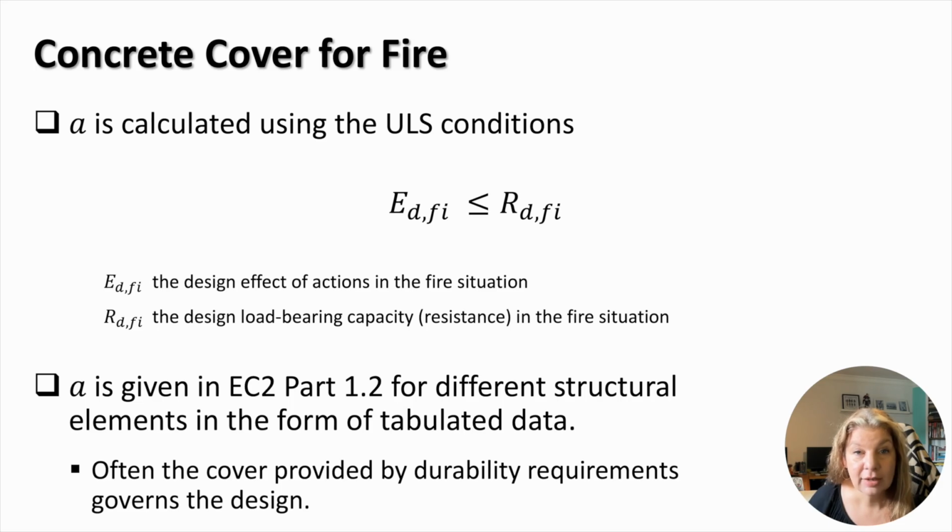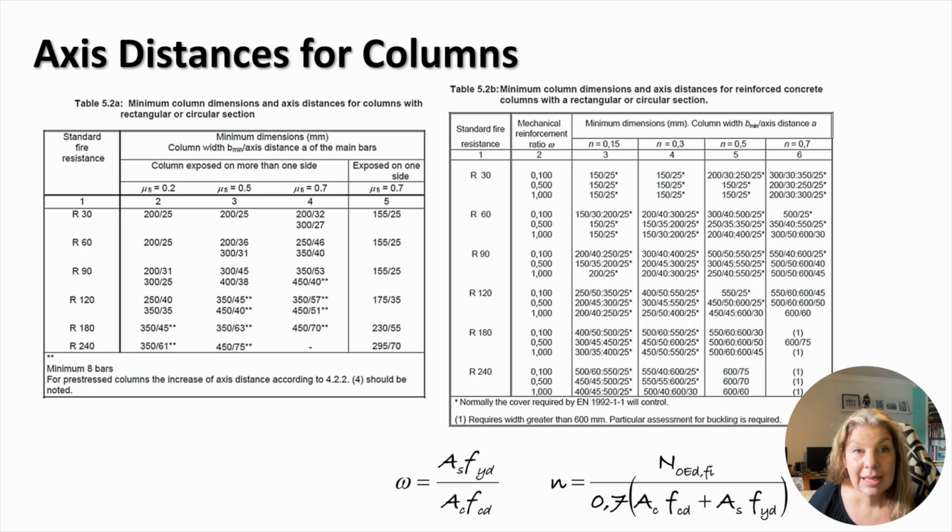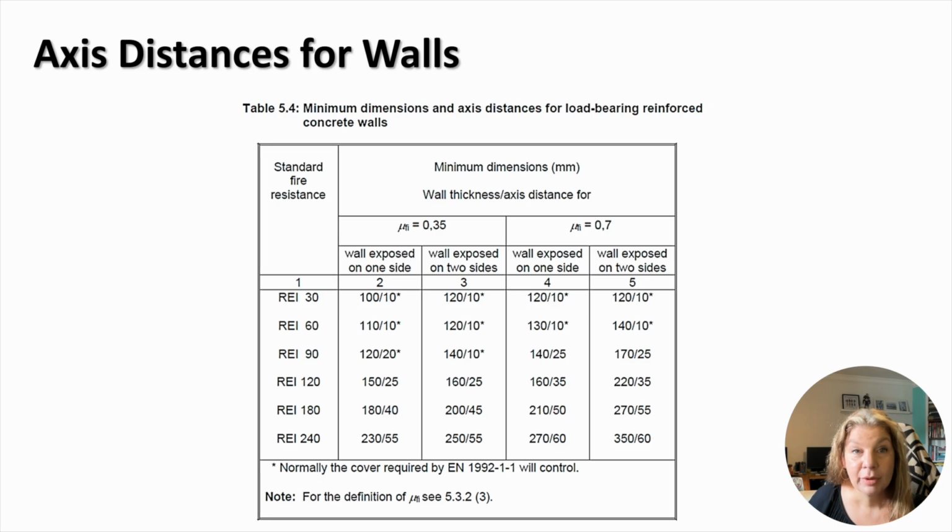In the next few slides, we will look at the tabulated data for concrete cover for fire given for few different structural elements. Tables 5.2a and 5.2b in Eurocode 2, Part 1.2 contain data on concrete cover for fire for columns with circular and rectangular cross-sections. Table 5.4 in the same Eurocode contains data on minimum dimensions and concrete cover for fire for walls.